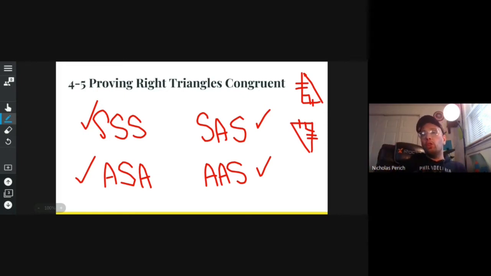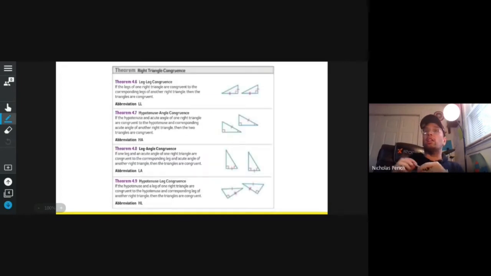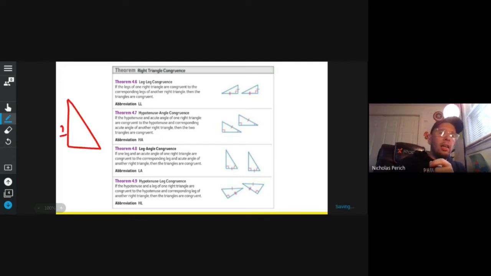Now, if you forget these 4 new names that we're going to learn today and instead use SAS, then you're okay. But if you're like, oh man, I love using less letters, then boy, do I have some fun, exciting surprises for you. Something called leg congruence is literally what I just did. The three sides of a right triangle are leg, leg, and hypotenuse.